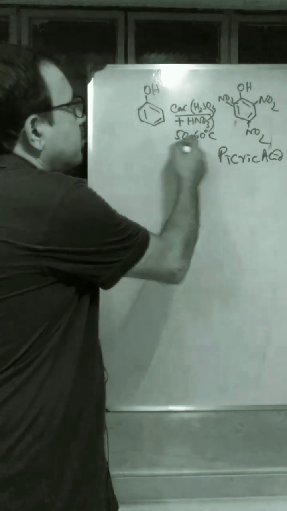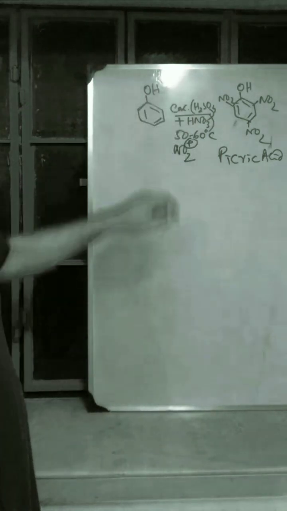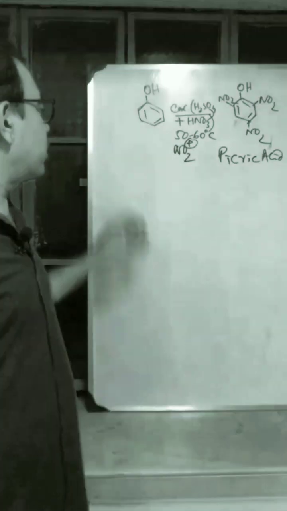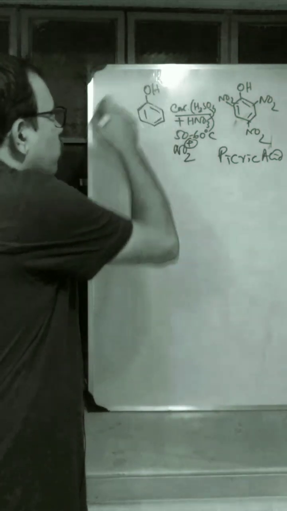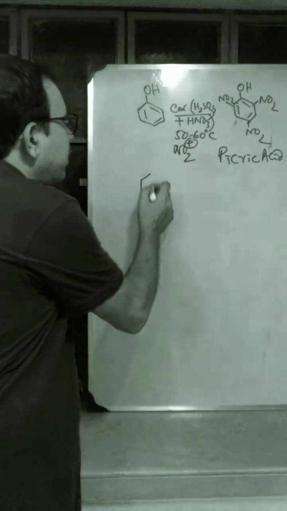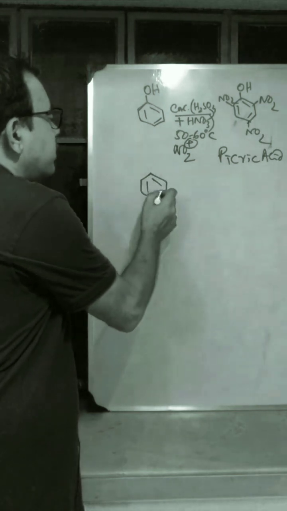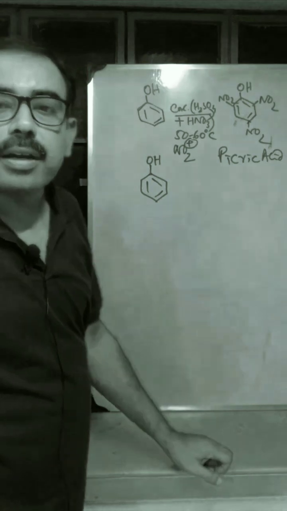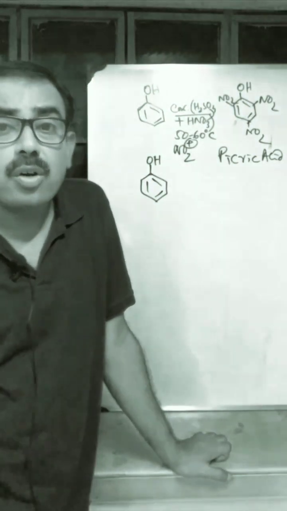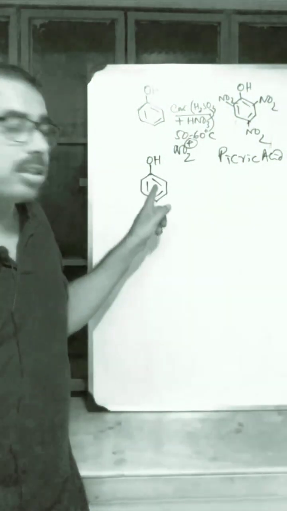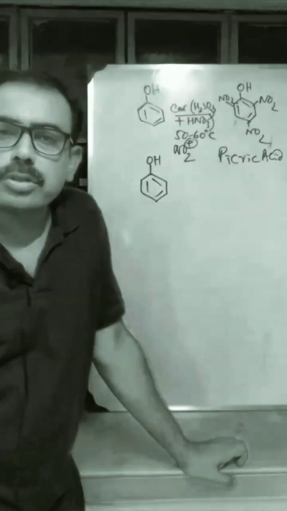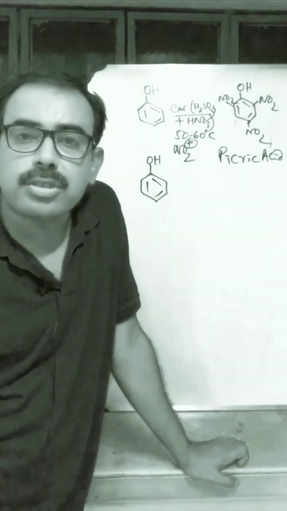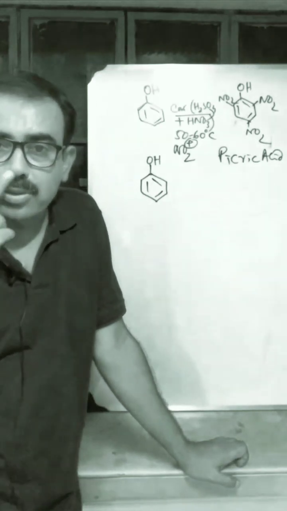Oxygen has a lone pair of electrons, and that lone pair can easily get delocalized, as it is in conjugation with the pi electrons of benzene. The lone pair can easily get delocalized into the benzene ring through resonance.